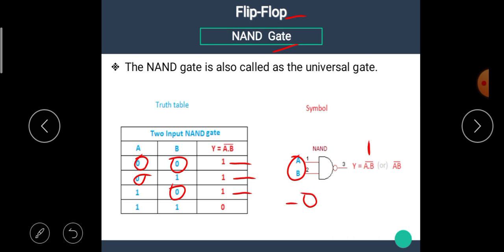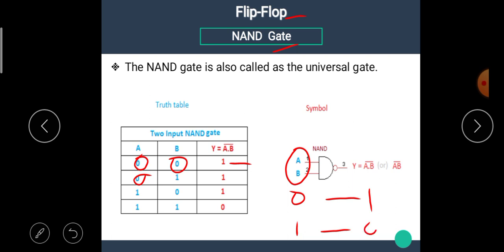And if all the inputs have the value 1 1, then its output is 0. I hope you all understand the truth table of the NAND gate. Let's see once again. If any one input of the NAND gate has the value 0, then its output is forced to be 1. And if all the inputs have the value 1, then its output is forced to 0.